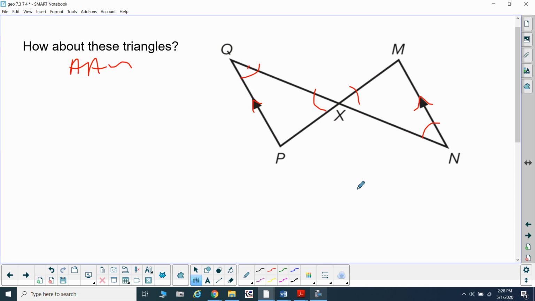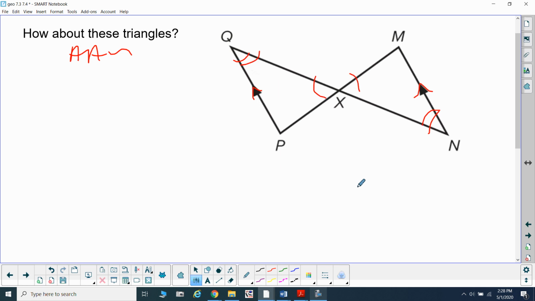And so we have alternate interior angles that are congruent, and then also we'd have those other ones, because by the third angle theorem, we know if we have two angles in a triangle that are congruent to two angles in another triangle, the third angles are congruent. But anyway, we do have angle-angle similarity. If we said triangle QXP, so here we started at the 2, went to the 1, went to the unmarked, it would be triangle NXM.